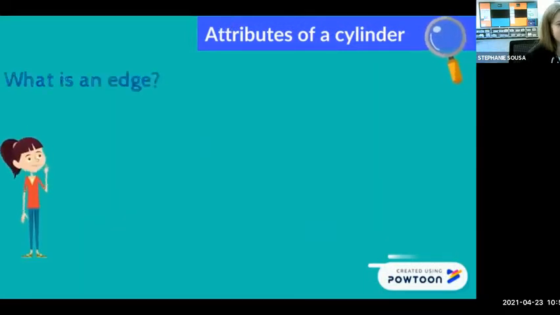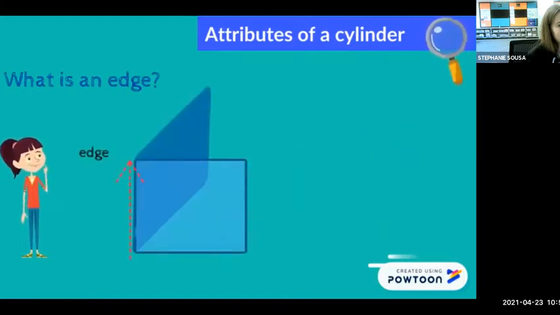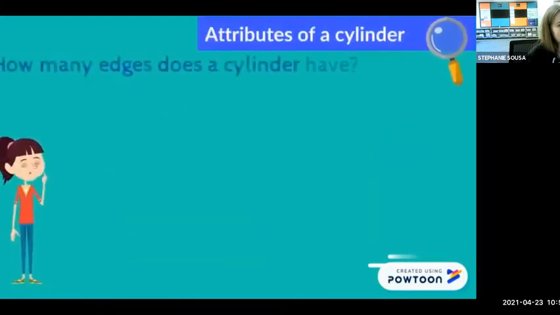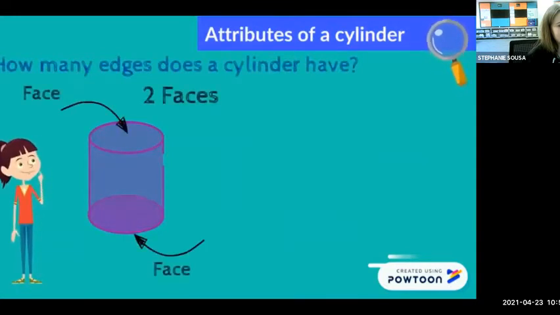Do you remember what is an edge? Correct. An edge is created when 2 faces meet. Now look at the cylinder. It has 2 faces. However, they are separated from each other. Therefore, a cylinder has no edges.